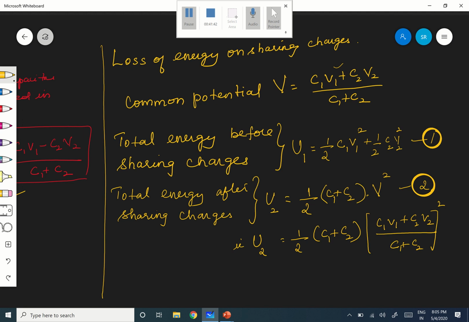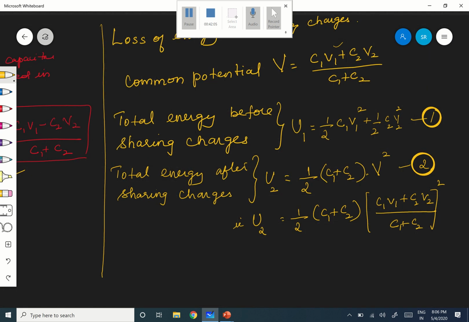If the final result comes as positive, then U1 is more than U2, which means some energy is lost. If U1 equals U2, there is no loss of energy. Now we are going to see U1 minus U2, just to conclude that there is some loss of energy because of the sharing of charges.